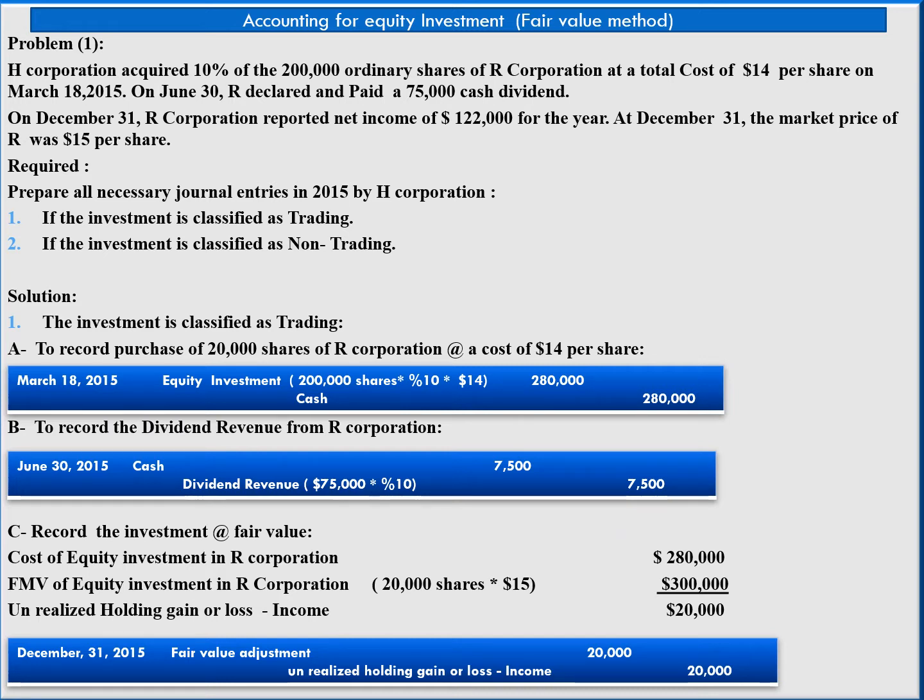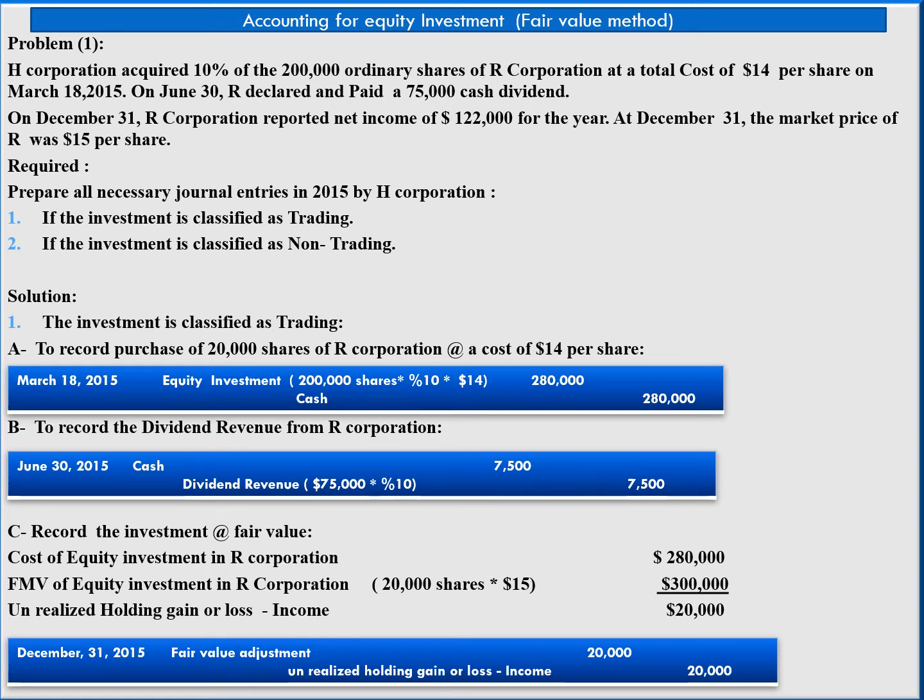In this case, I want to do the recording in the journal. The unrealized holding gain will be recorded on the credit side. Notice that I write unrealized holding gain or loss, income.